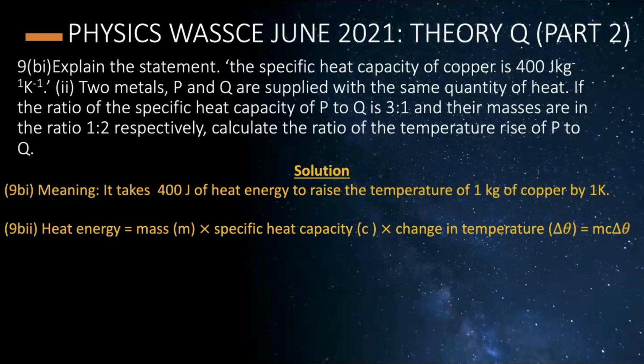Now, how do you know what the question is related to? So one way that I usually advise is that you first of all understand the topic that the question is referring to just by looking at the words. So there are some words mentioned here like specific heat capacity. They talked about heat, talked about temperature rise, talked about mass.